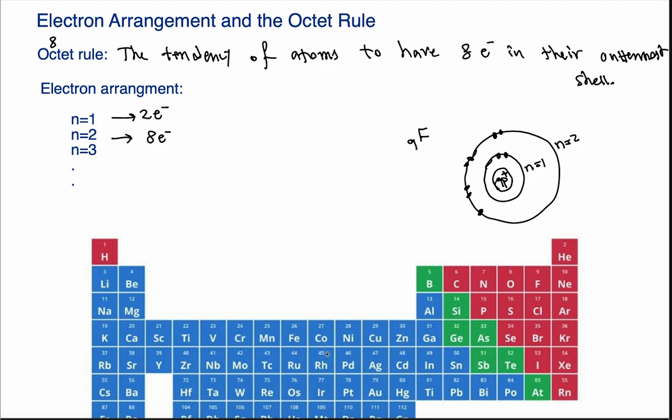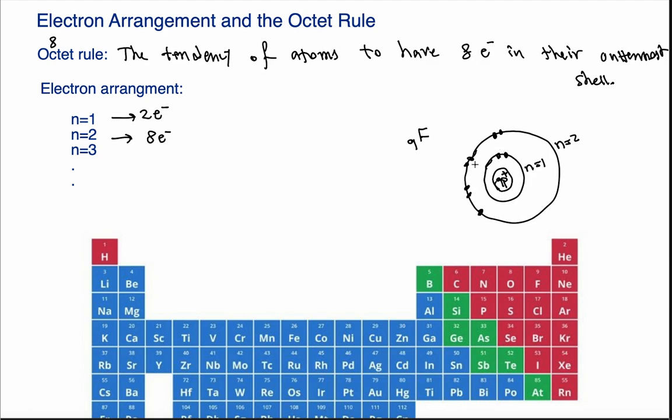So to have 8 electrons in its outermost shell, fluorine binds with other atoms of other elements, or another fluorine. So basically it participates in formation of compounds in order to reach its full octet.